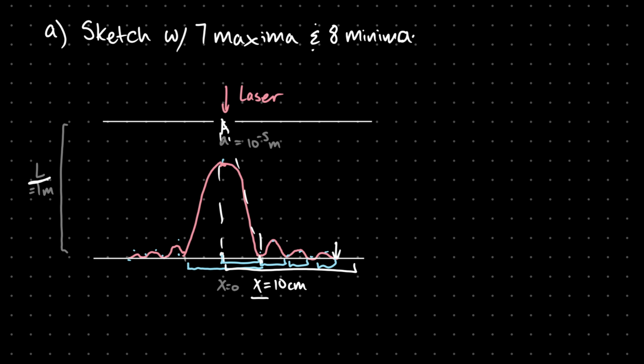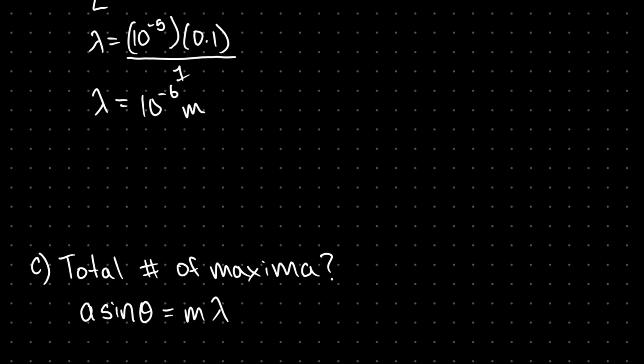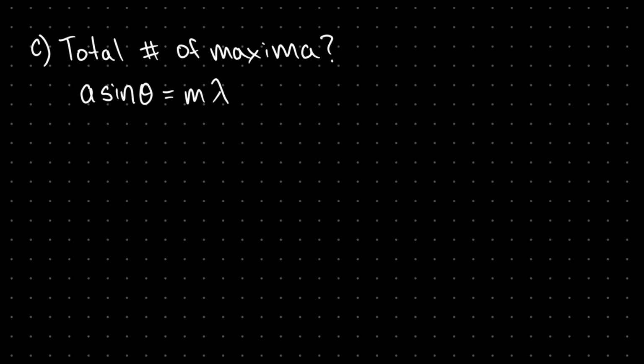There's 1, 2, 3, 4 minima, but there's only 3 maxima. So what we can actually do is find the maximum number of minima that we can see. So this is our formula for minimums of the interference pattern.